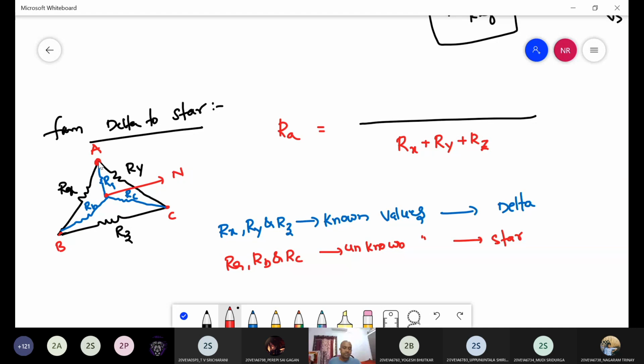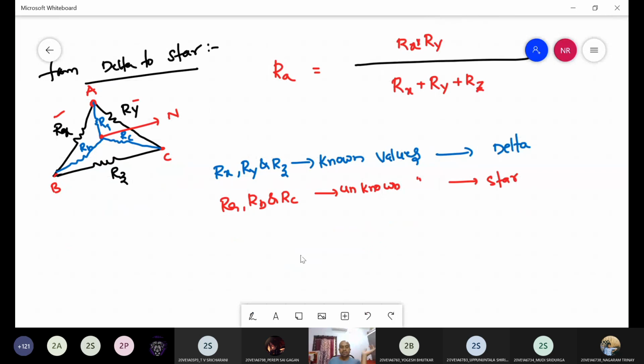In delta, from A point, what elements are connected? Rx and Ry. So that is Rx into Ry divided by Rx plus Ry plus Rz. This is for Ra, right?